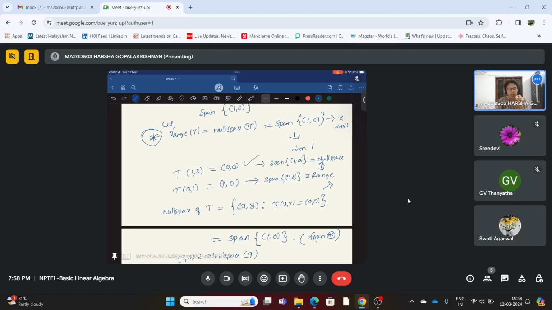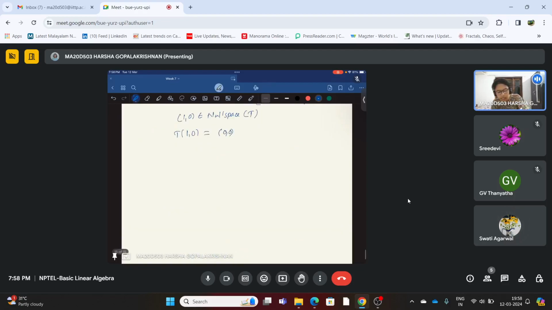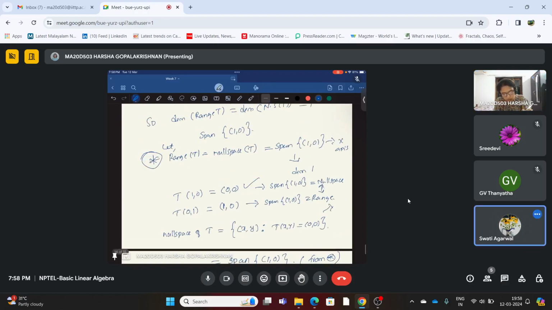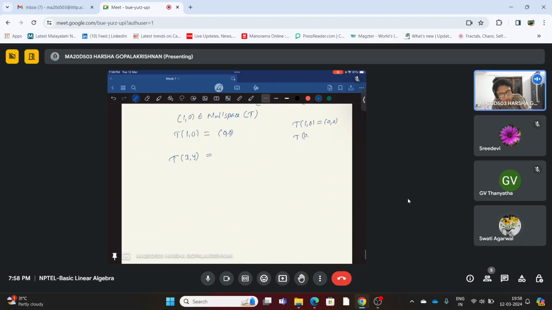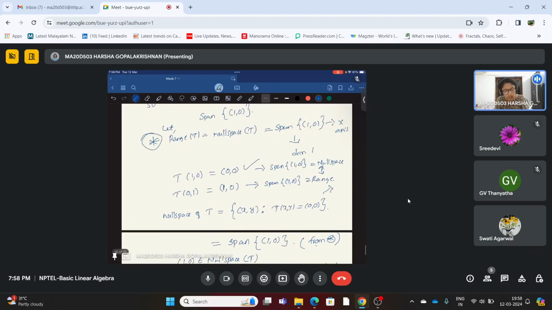Okay, we haven't done it completely. Then what is T of (x, y)? T of (1, 0) is (0, 0). T of (0, 1) is (1, 0), correct? So that is what we have written.